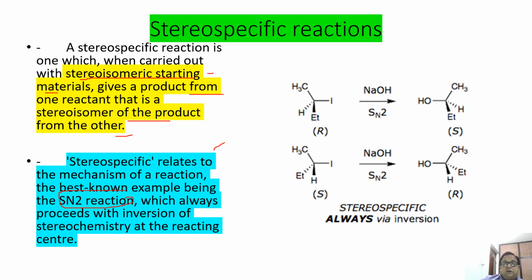Here in the SN2 reaction, R is the starting material and the product has the configuration S. Here the starting material is S and the product has the configuration R. So in this case the reactant determines which product is formed.